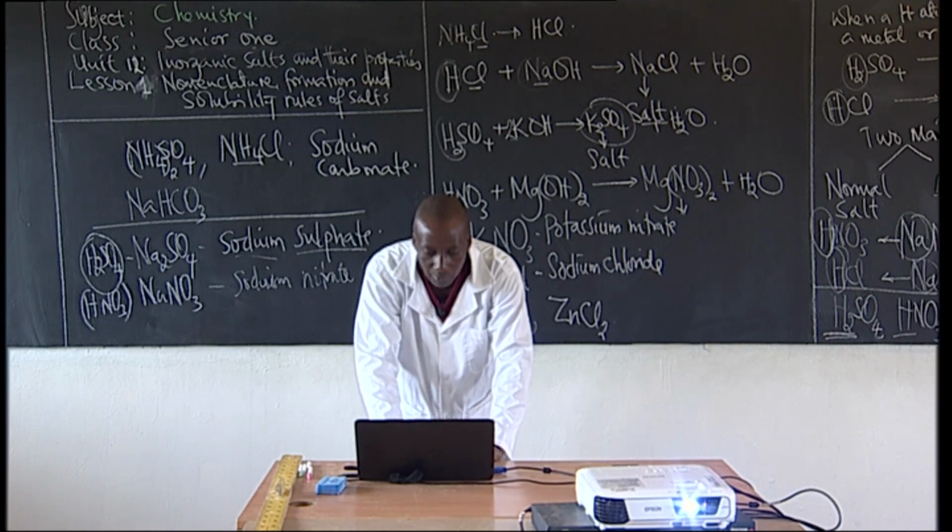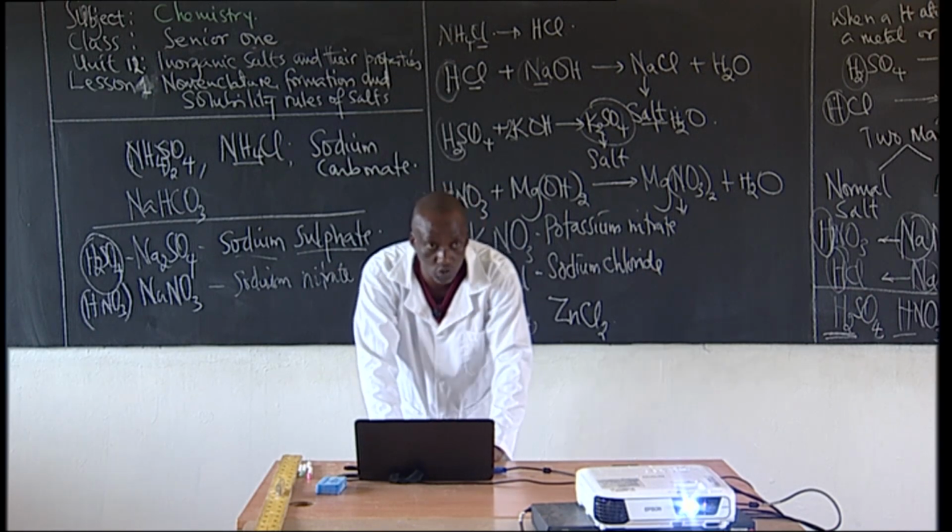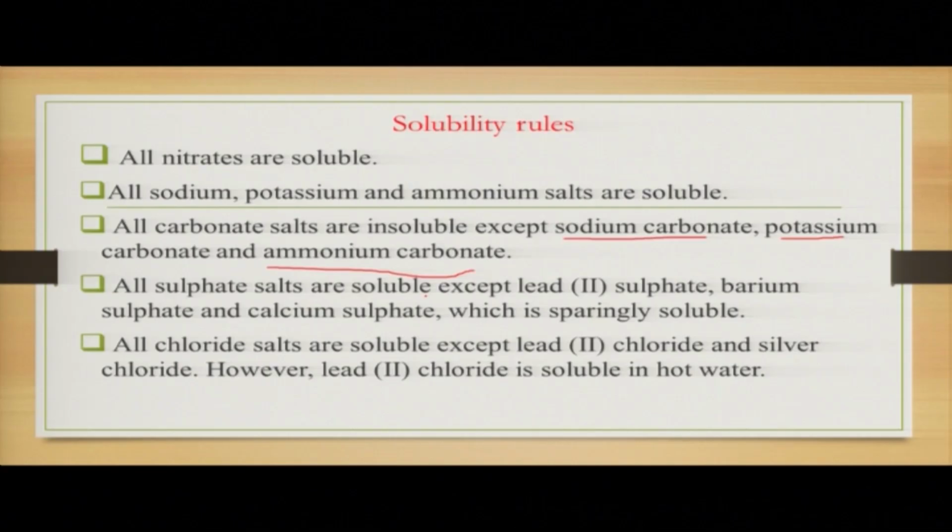This ammonium carbonate is soluble in water. All sulfate salts are soluble, except lead sulfate, which is insoluble, barium sulfate is insoluble, calcium sulfate is insoluble, but slightly. When we say sparingly soluble, there is some degree of solubility in water, but very small.